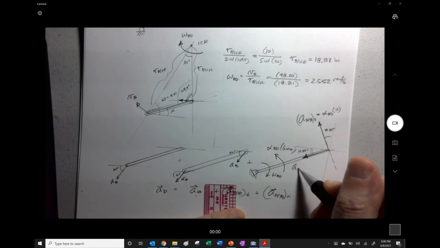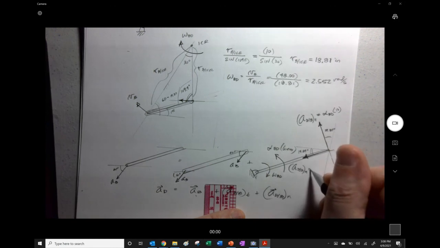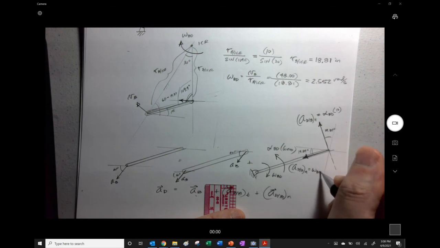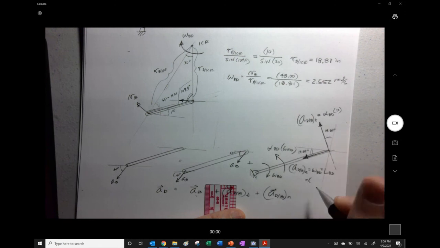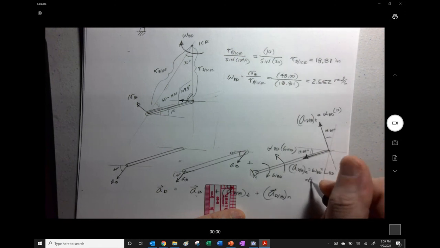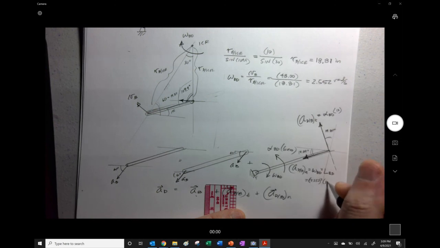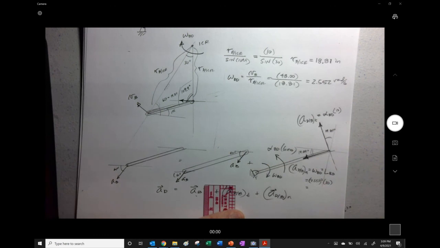And this is the acceleration of D with respect to B in the normal direction, which I know is to be omega BD squared times LBD. So that is going to be 2.552 squared, and LBD would be 10. So I get 65.14 inches per second squared.